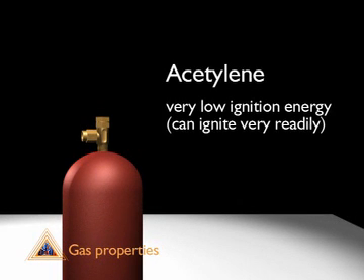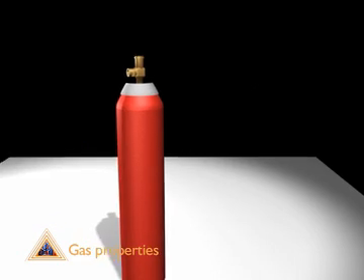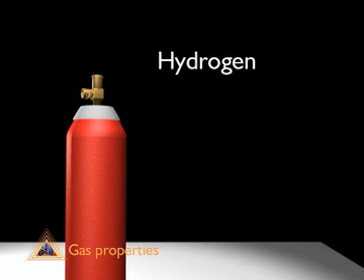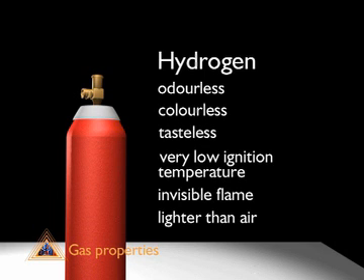Acetylene has a very low ignition energy, which means it can ignite very readily. A leakage of acetylene can be identified by its strong garlic-like smell. It's lighter than air. Hydrogen is odourless, colourless, tasteless and has a very low ignition temperature. It also burns with an invisible flame and is lighter than air.